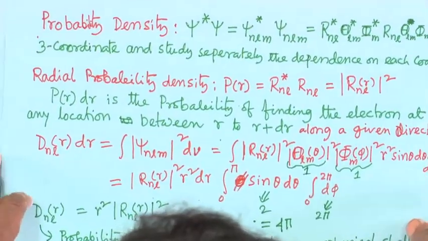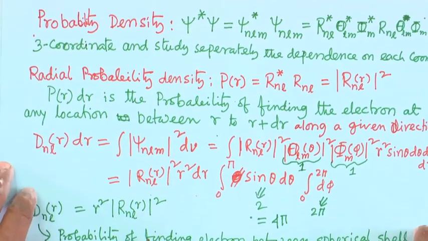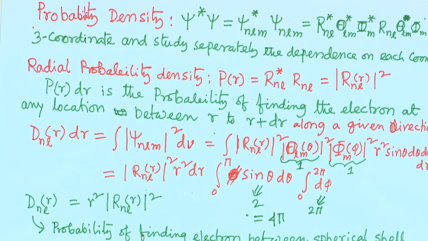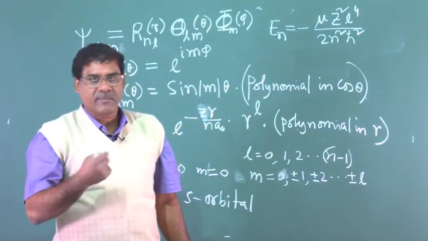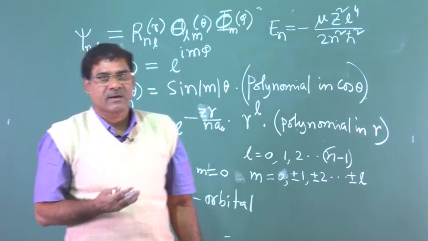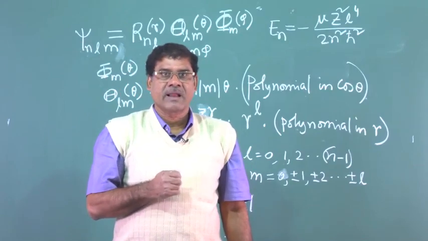Before plotting psi or R N L, let us see about the probability. As I already mentioned, in quantum mechanics it is difficult to tell the definite value of an observable, but one can tell in terms of probability, the possibility to find a particle at a position, or to find the momentum or energy of the particle.